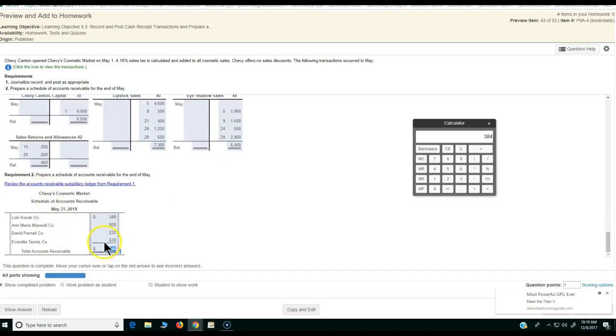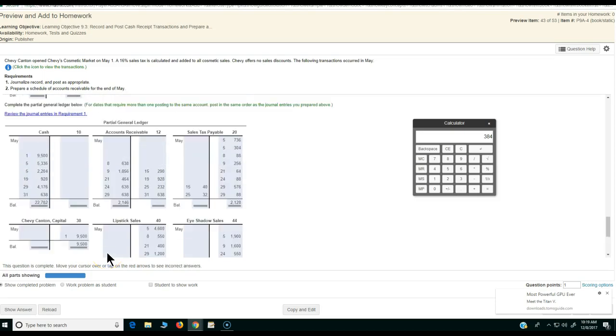We put them into a schedule. We get the total of how much is owed to us, and then make sure that it proves to the accounts receivable account in the general ledger. This account is called the control account, the controlling account. Accounts receivable control. 2146 is owed to us.